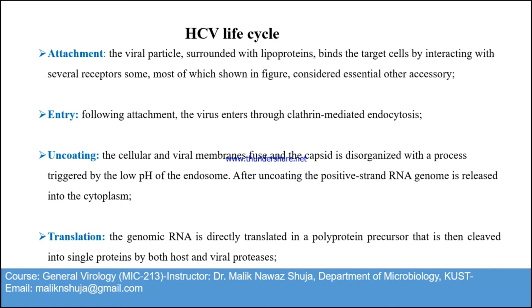If we are talking about the life cycle of the HCV virus, it can be easily understood by dividing the whole mechanism into different steps: attachment, entry, uncoating, translation, and so on. The virus replicates mainly in the hepatocytes of the liver, where it is estimated that each infected cell daily produces approximately 50 virions.